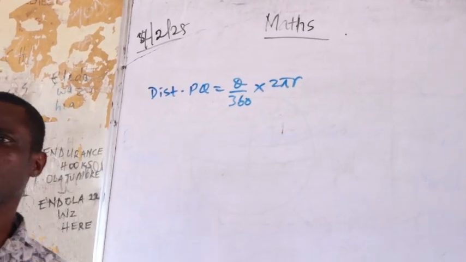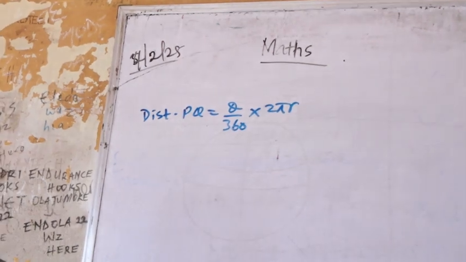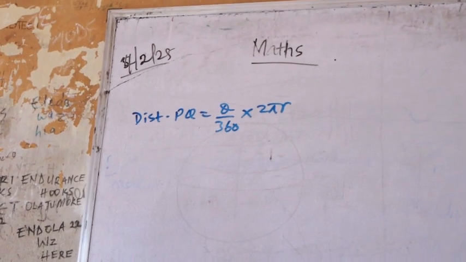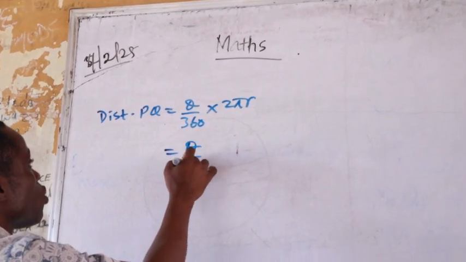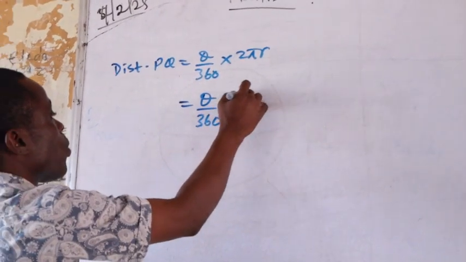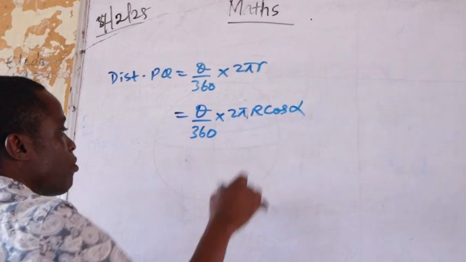I believe you all know the reason why it is small r. The two of them lie on the same latitude. So we now change that small r to theta over 360 times 2 pi big R cos alpha.